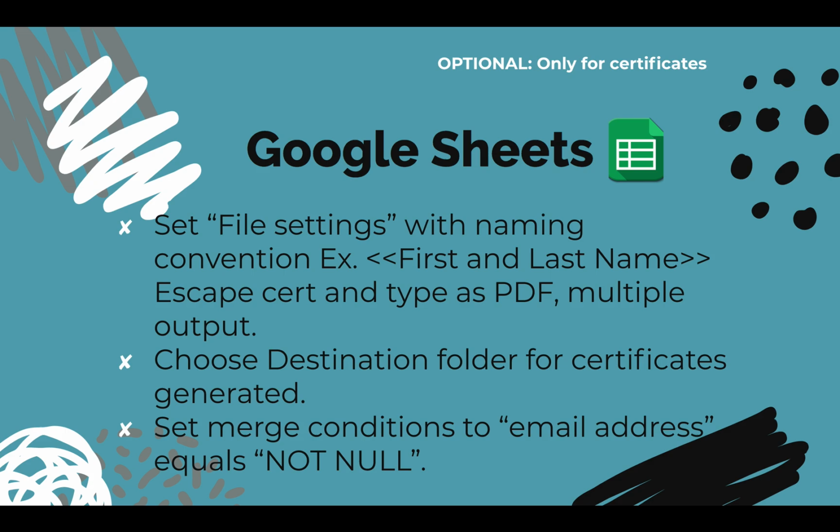And then set the merge conditions to email address equals not null. So as soon as the Google form gets an email address, then it's going to trigger that a certificate be generated and then automatically emailed to that email address.